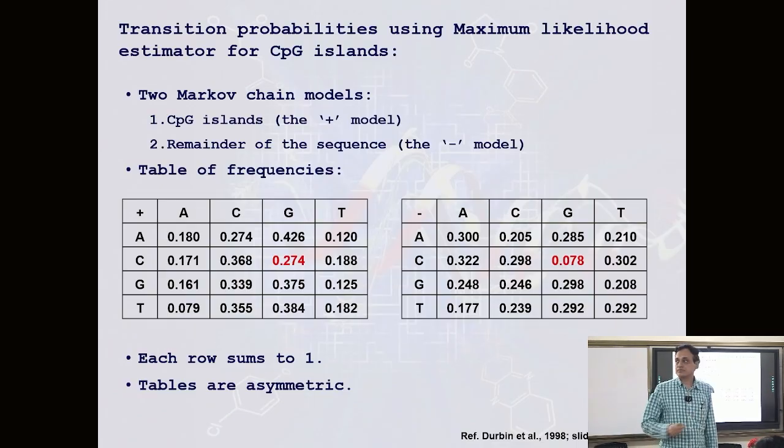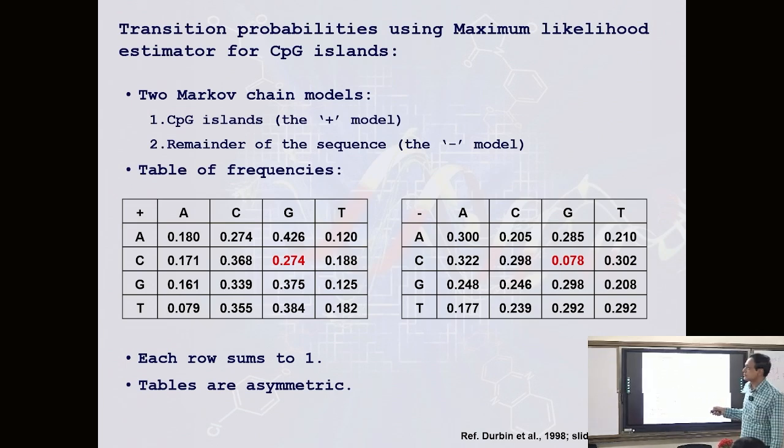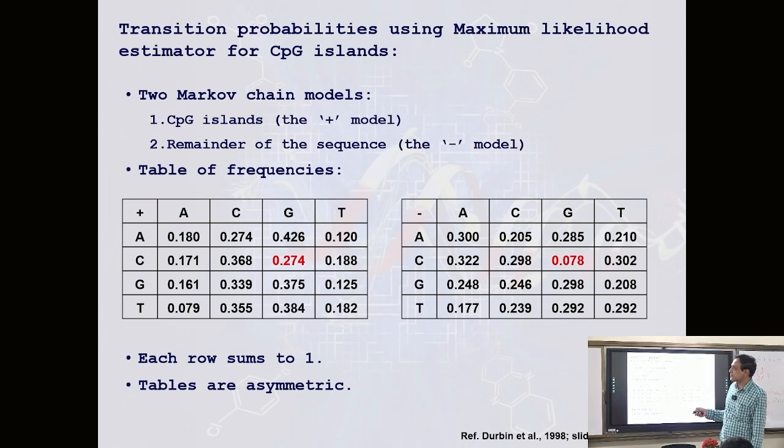nucleotide or base. Okay, so let's look at the model of CpG island. This is indicated by plus, and this is the model for non-CpG island, indicated by minus. And these are transition probabilities.